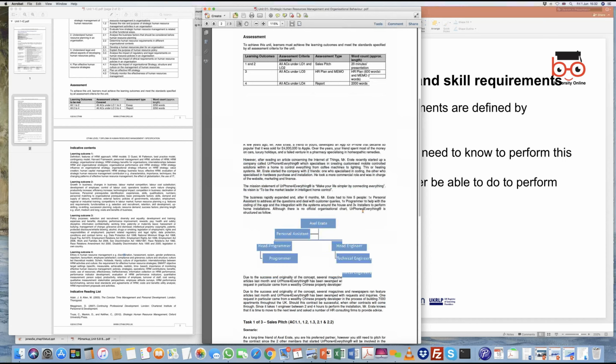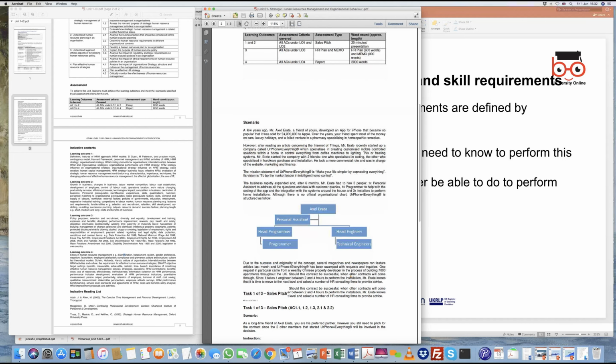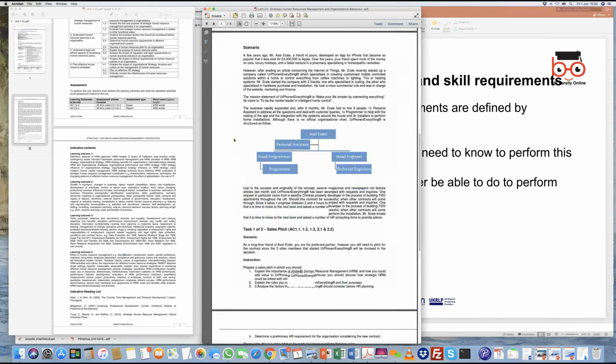You're assuming that a few years ago, Mr. Accelerate, a friend of yours, developed an iPhone app, and it became very popular and was sold to Apple for $4 million. So they've given you a scenario and a structure of the organization. Based on this scenario, what we have to do is attempt these tasks.